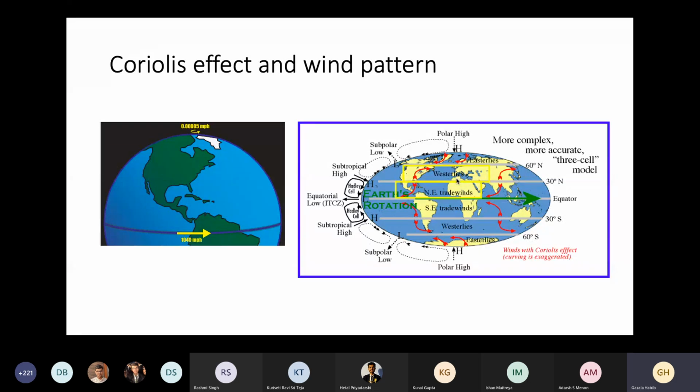Okay. In India, what is the wind direction during monsoon? It's always from the south, right? Southwest, right? Monsoon comes from the southwest direction. So it's always from southwest towards the north. What is the wind direction during January, February? It is always from the northeast direction towards the south.